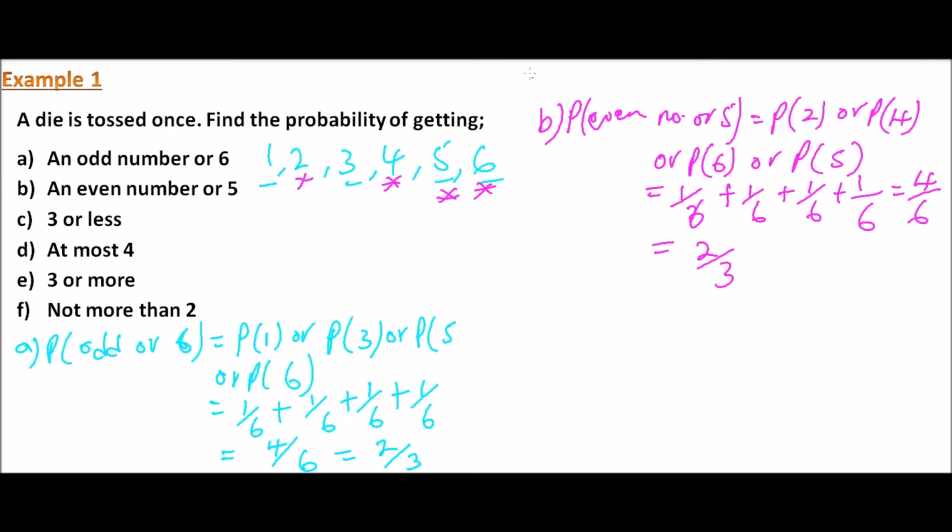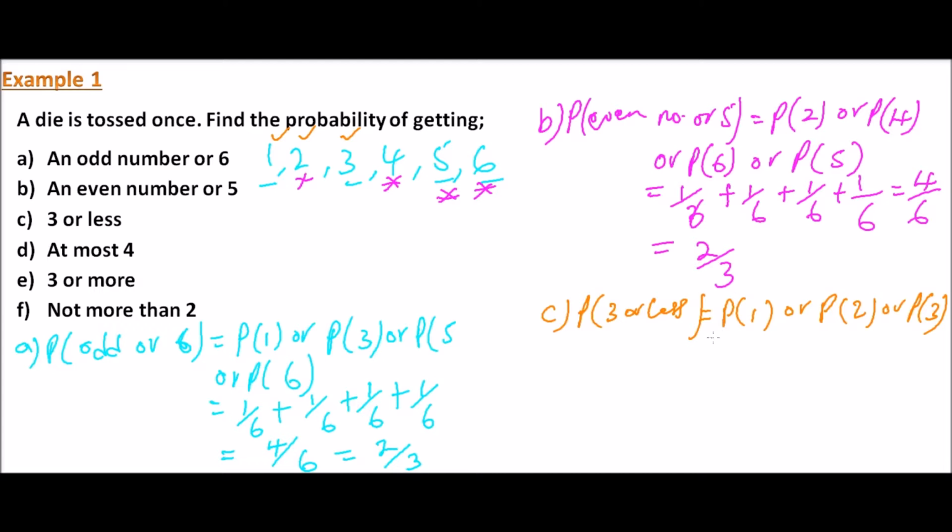Part C, we are told the probability of 3 or less. So 3 or less is 3, 2, or 1. So the probability of getting 3 or less is equal to the probability of getting 1, or the probability of getting 2, or the probability of getting 3.